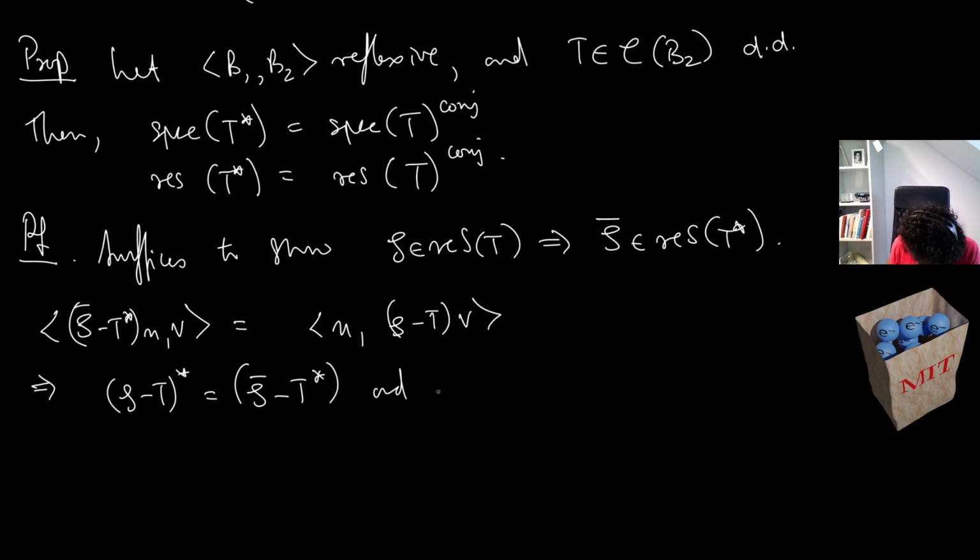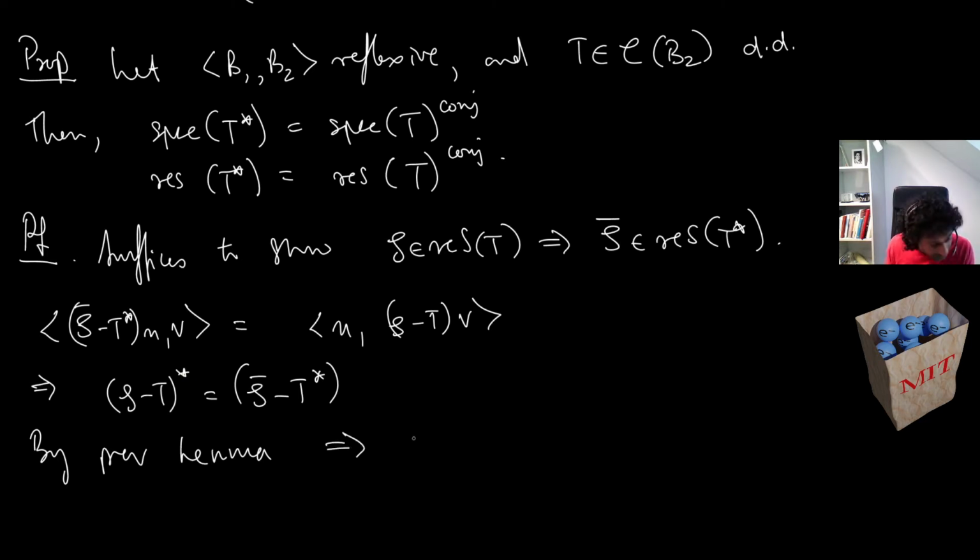And so by the previous lemma, what it means for something to be invertible: if zeta minus T is invertible, then zeta minus T adjoint is also invertible, and we know exactly the expression.